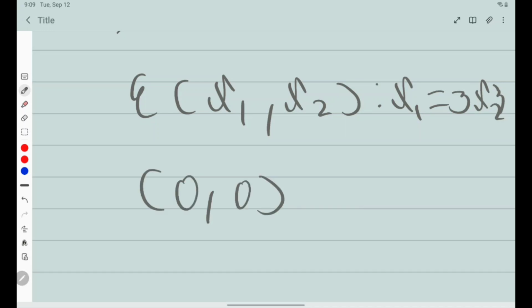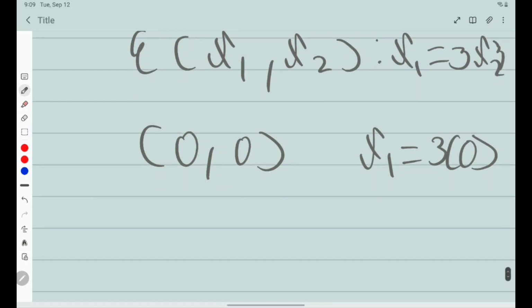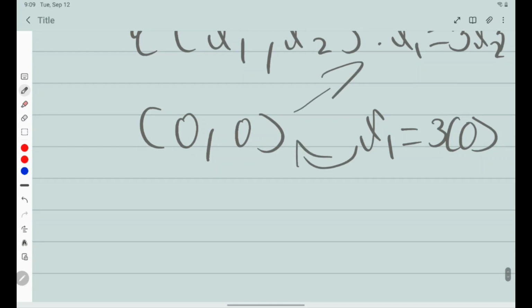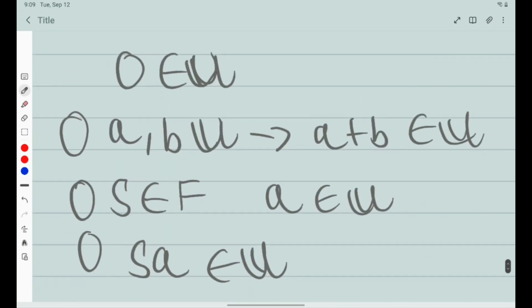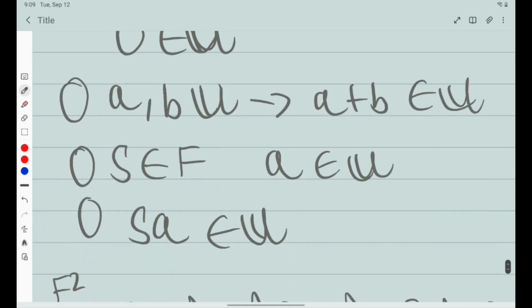Let's take our first element and say it's equal to 0. Now we can derive our first element from the second element, and it is also equal to 0 because 3 times 0 is equal to 0, which means that this vector is in our subspace.